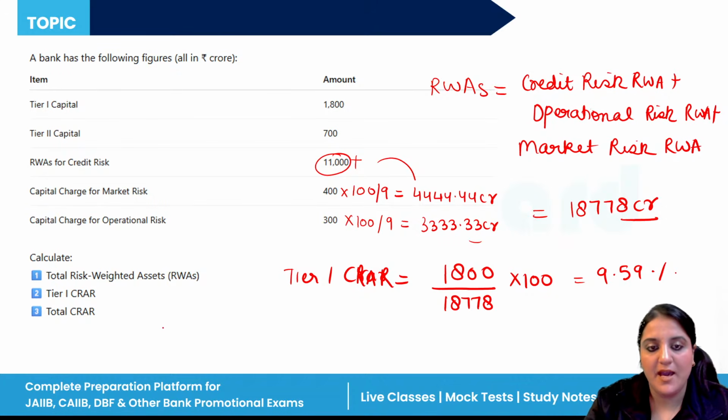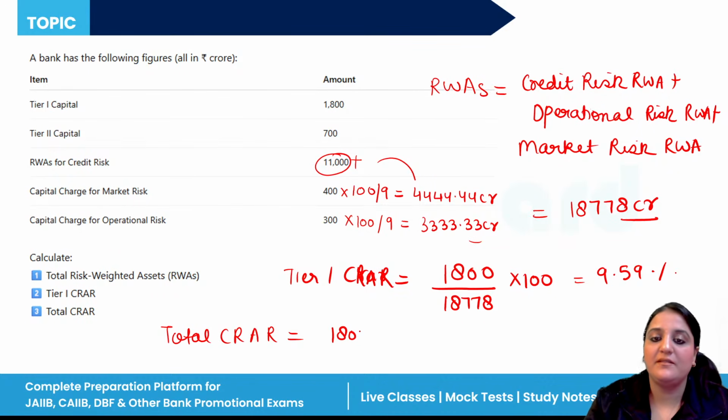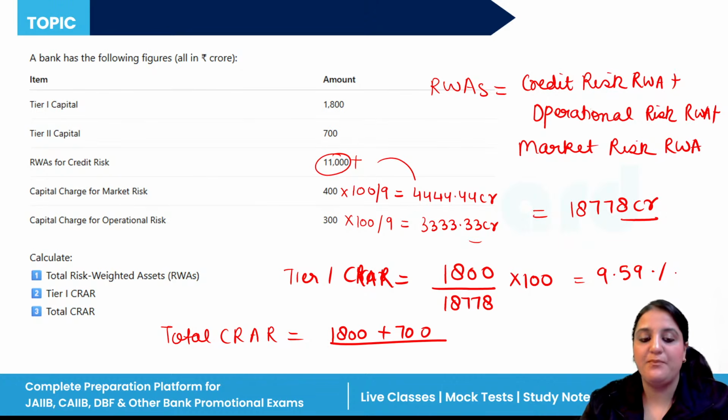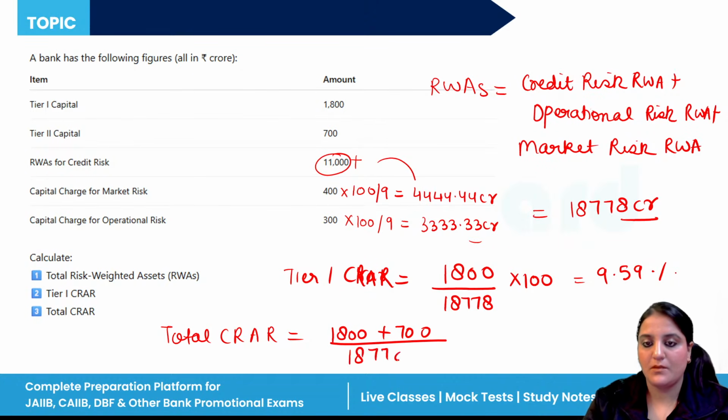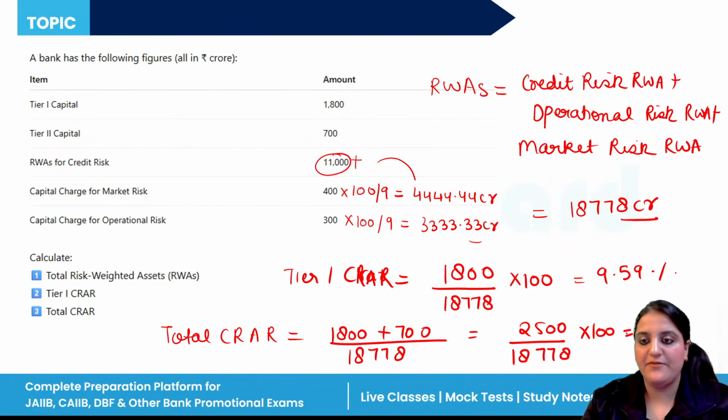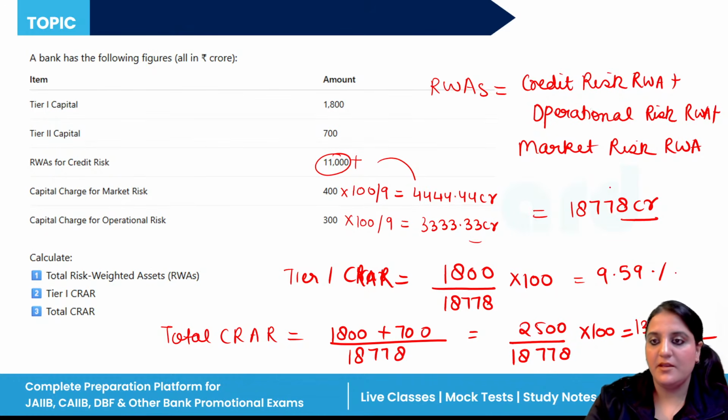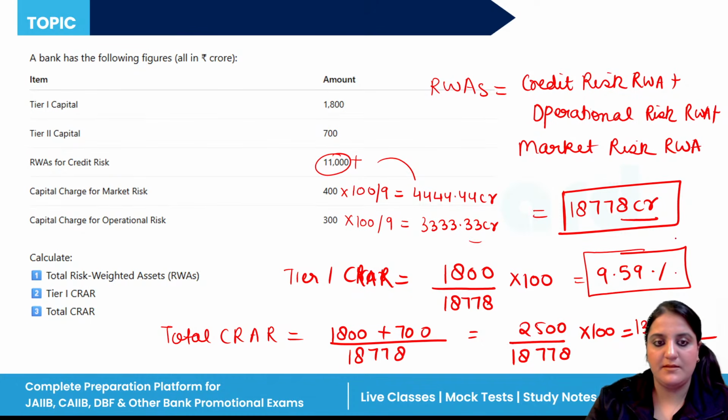Then this total CRAR is simple, add tier 1 plus tier 2 and divide it by total risk weight assets. 2500 divided by 18,778 multiplied by 100, which is equal to near about 13.31%. This is our tier 1 CRAR and this is our total CRAR.